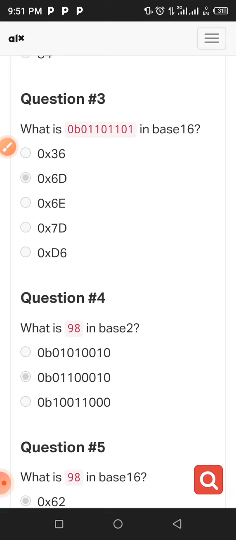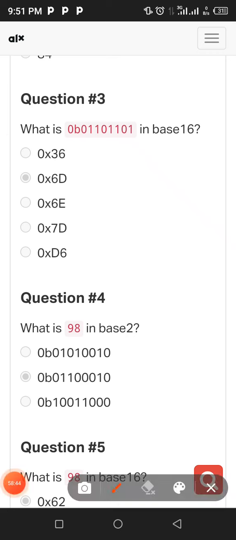This already is in binary, so what you just need to do is count the first 4. Let me put my pen tool. The first 4 numbers, which is what? 1101.